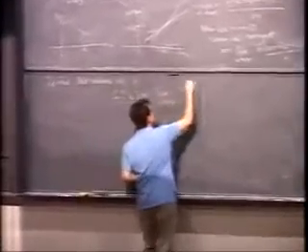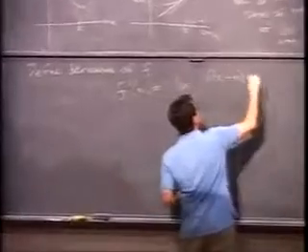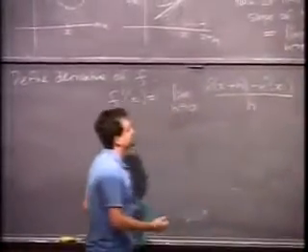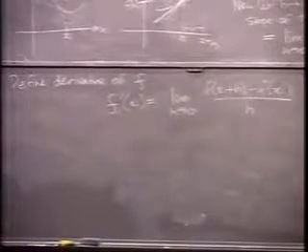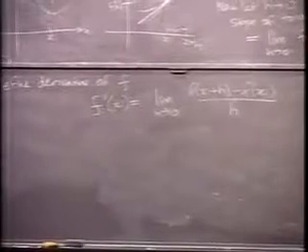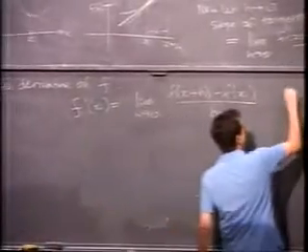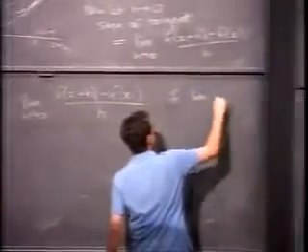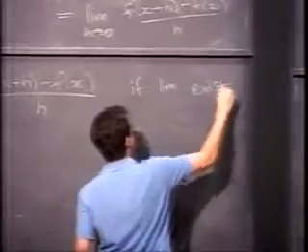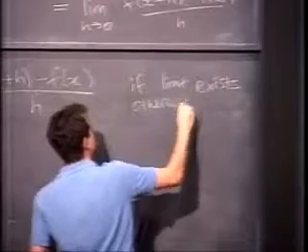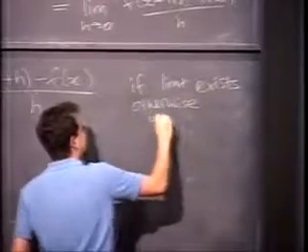Limit as h goes to 0, f of x plus h minus f of x all over h. Now, that limit, just like any other limit, does not necessarily have to exist. So let me just say if the limit exists. Otherwise, undefined.